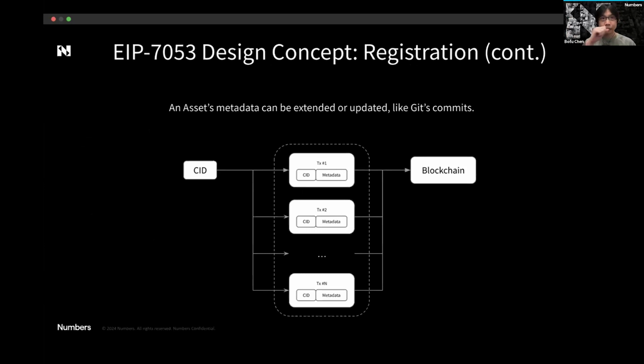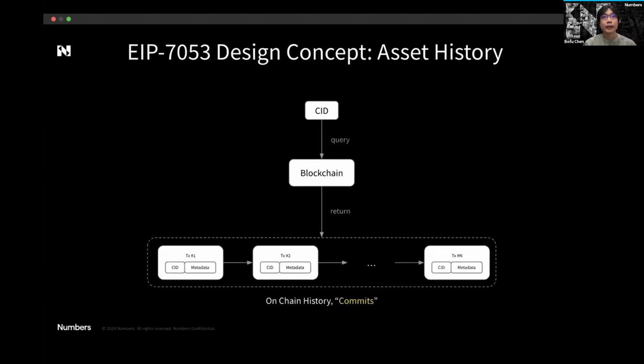Then, if you are familiar with the development tool Git, similar to updating the source code, 7053 allows you to do the same thing to update the metadata of content by linking multiple metadata to the same content ID, just like Git commits. These commits can happen on the same blockchain or different blockchains. As long as they follow 7053, you can use the content ID to query and get the full content history.